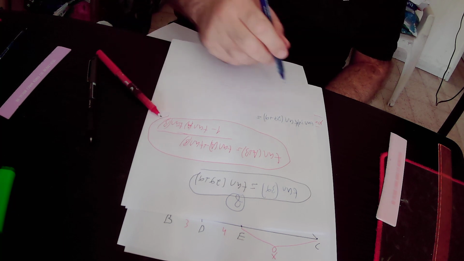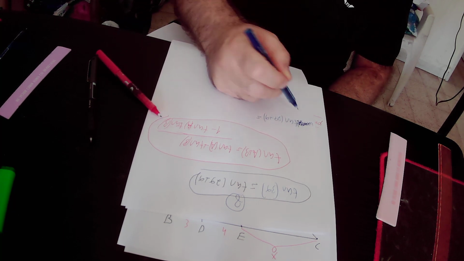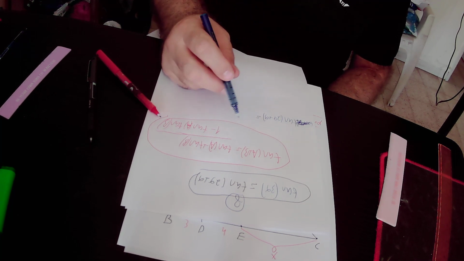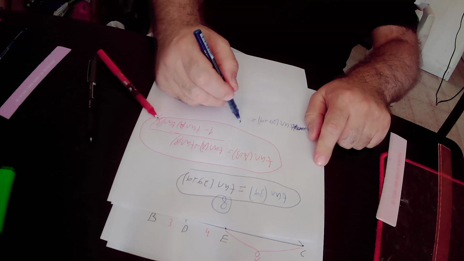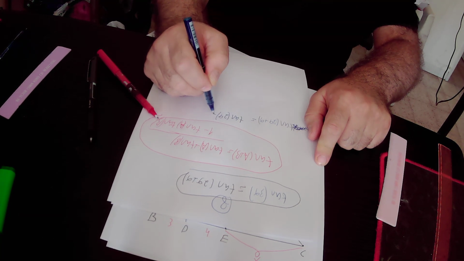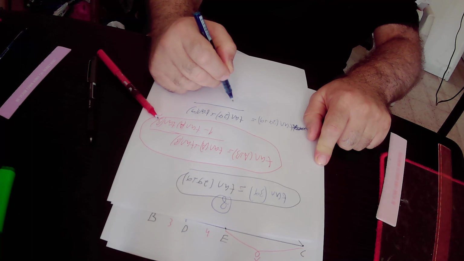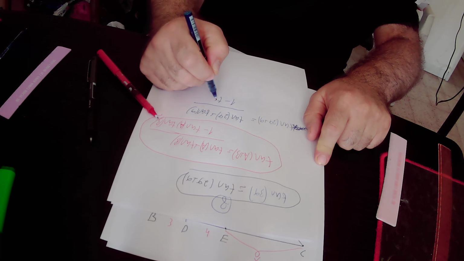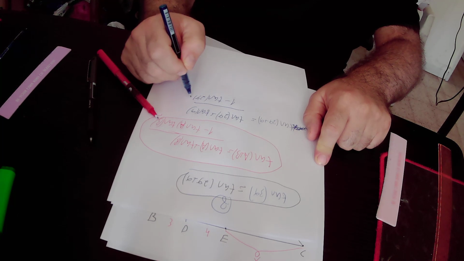the value of tangent 2 alpha plus alpha according to this trigonometric identity will be tangent 2 alpha plus tangent alpha over 1 minus tangent 2 alpha times tangent alpha.